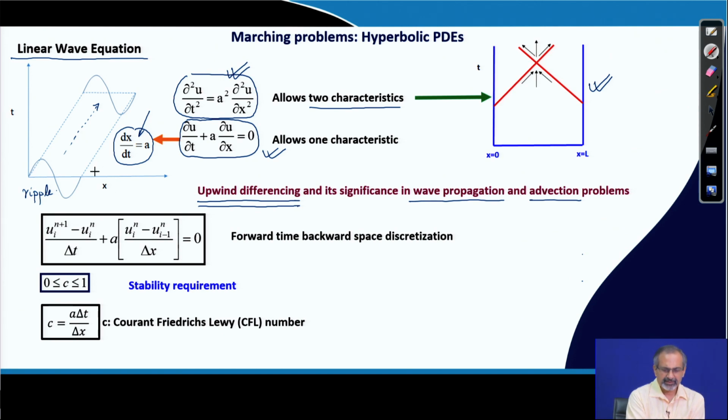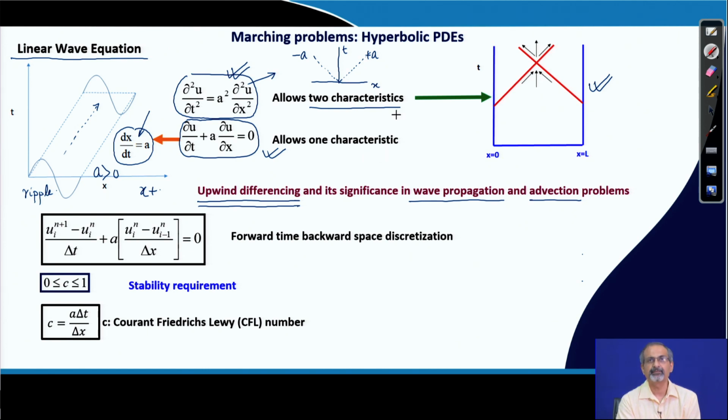In this case a is positive, therefore, the disturbances are propagating towards the positive x direction. If we were to look at the second order form of the wave equation, you would see that in the x t plane, one disturbance will propagate towards the positive direction, another towards the negative direction, one with a velocity of plus a, another with a velocity of minus a.